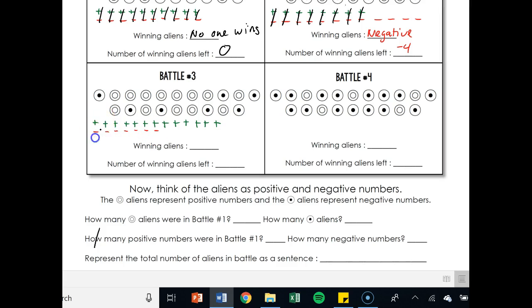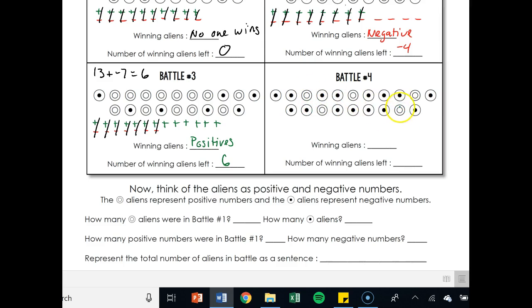All right, these guys cancel each other out, and you'll notice I'm left with 6 positives left. So my positives win. I had 6 left, and this is basically the same problem as saying 13 plus negative 7 is equal to 6, right?